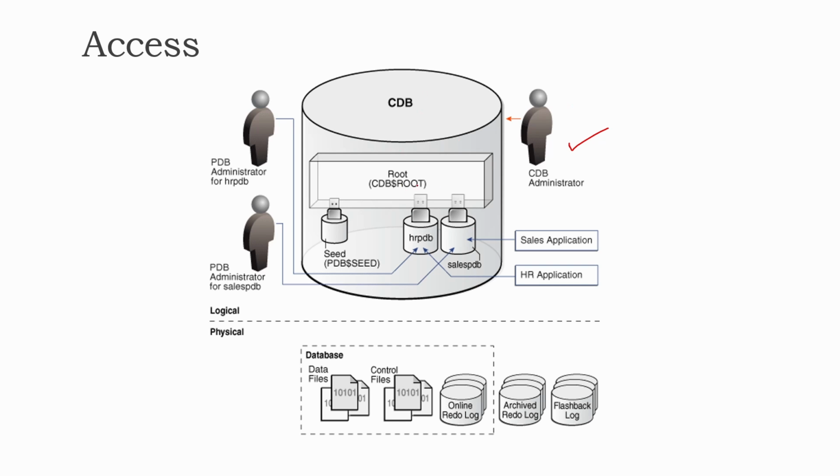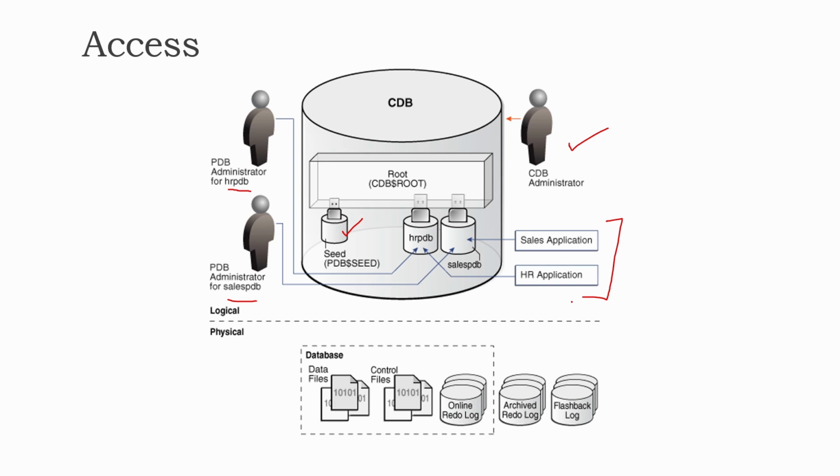So for example, this one is the HR PDB administrator, this one is sales. They both can't access each other because these are separate databases. So this is your seed PDB, this is HR, and this is sales, right? These are two different applications. The software is one.